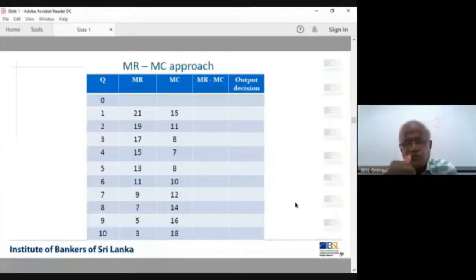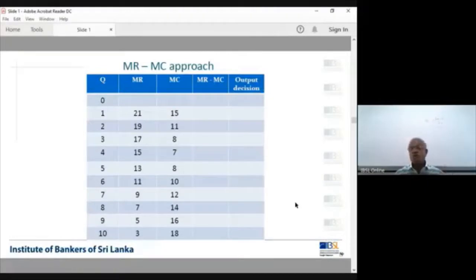Using mathematical calculation, you can derive this rule. Profit is maximized when marginal revenue equals marginal cost, or marginal profit is 0. So, what is the production rule?